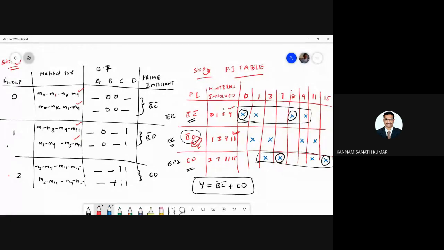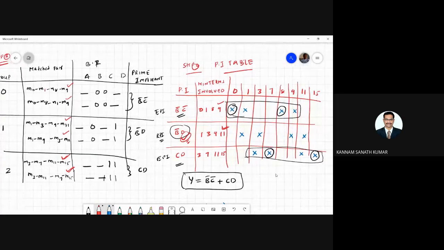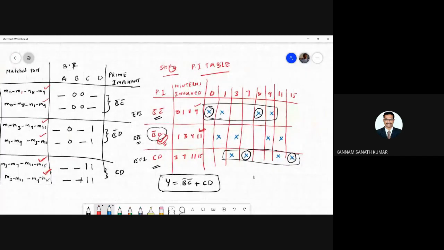And in group 2, you have M3. So CD is nothing but the prime implicant, and these are the matched pairs, and the min-terms involved are 3, 7, 11, 15. Okay. Now what you should do, whatever the min-terms involved, you have to make the cross mark.